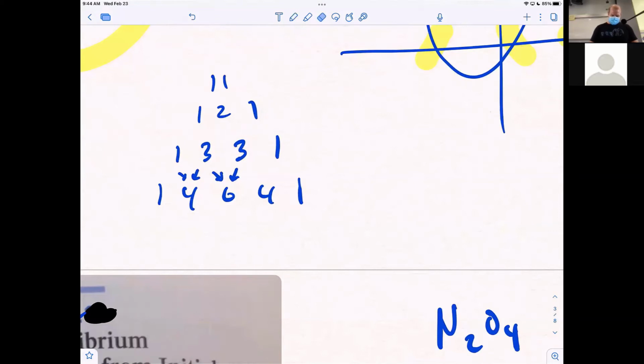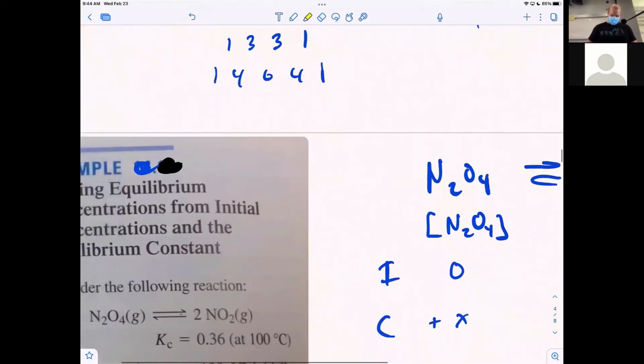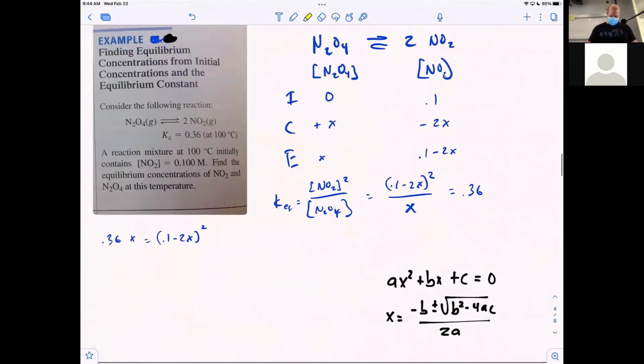Did you learn this in algebra, when you have polynomials to a power, to FOIL them quickly? For a square, you can use the line 1, 2, 1. So this is 0.01, the first one squared, then 2 times the middle, so it's minus 0.4x, plus 4x squared.